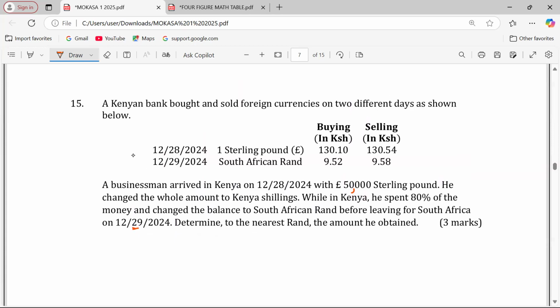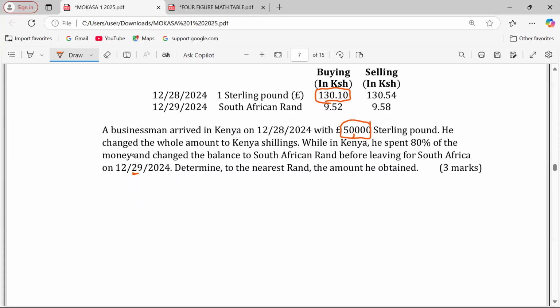We're supposed to know that when this businessman came to the bank, he was having sterling pounds. So the bank bought them from him. So the bank was buying, and the bank buys 1 sterling pound at 130.10. How much will it give this businessman who is having 50,000 of them?